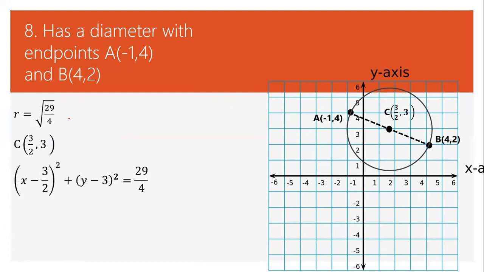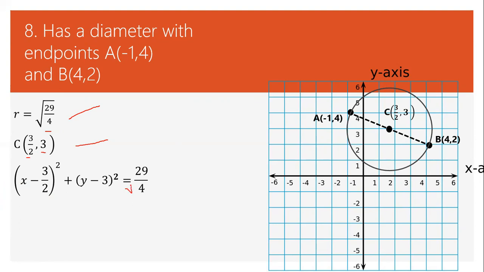So since we have the radius and we have the center, we can get the standard equation of the circle. So h is 3/2, k is 3, radius is the square root of 29/4. So quantity of x minus 3/2 squared plus y minus 3 squared is equal to 29/4.